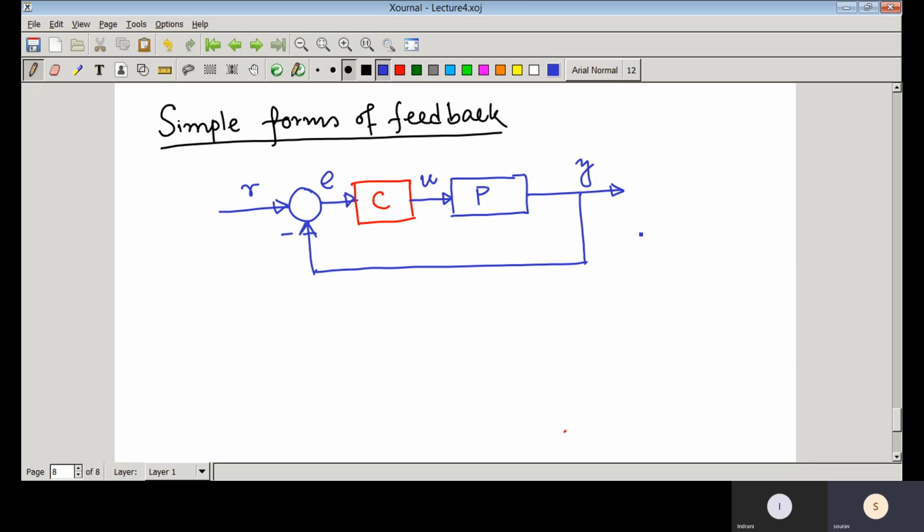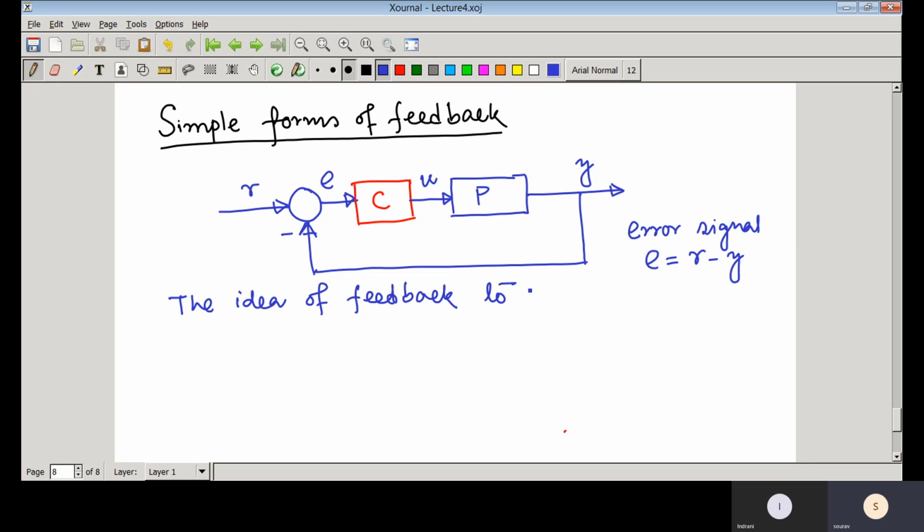So here the error signal E equals R minus Y. The idea of feedback is to make corrective actions.